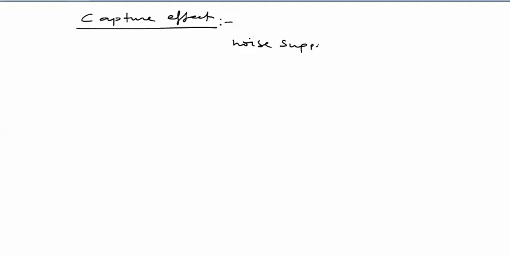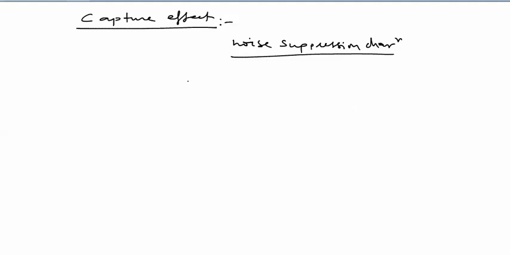Now we will discuss capture effect, which is important in FM modulation. Capture effect is a noise suppression characteristic of FM. The signal of weak magnitude is suppressed by the strong one.